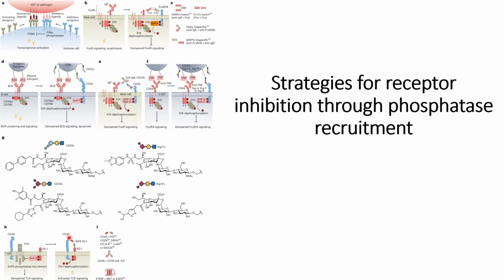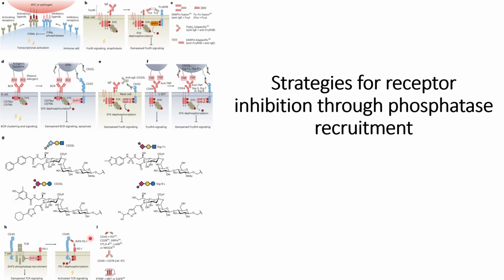It will interact with CD45. It will cause the phosphorylation downstream of CD45 that will dephosphorylate PD1, and thereby the deactivation that is done by SHP2 phosphorylation will not occur, and it will cause activated TCR signaling.